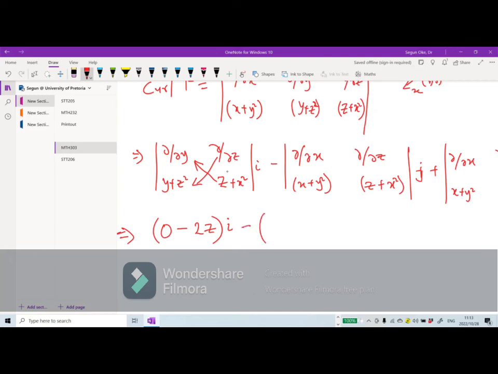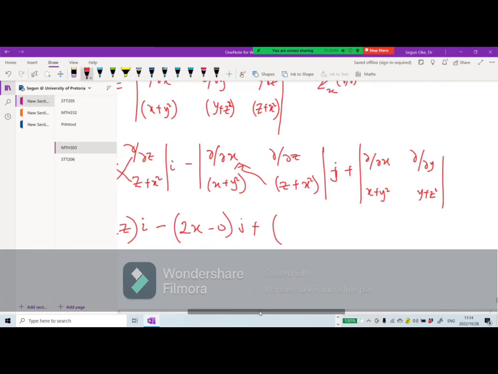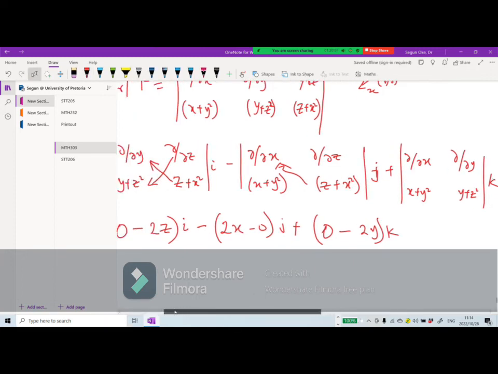So when you do this one too, we have 2x, minus 2x minus 0, j, plus this side 0 minus 2y. So when you open the bracket, what do you have at the end of the day?